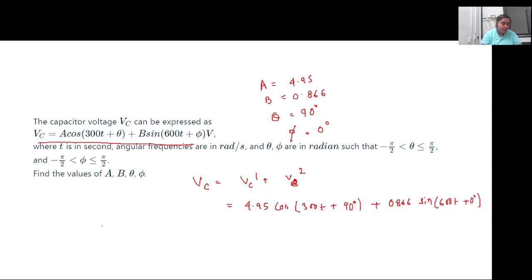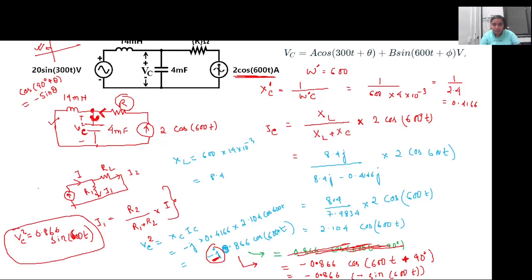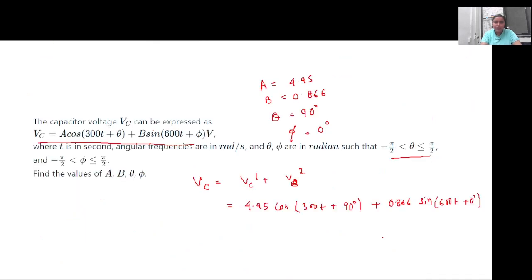In this case also you see the condition about theta and phi is given. Had we not converted, had we written in terms of minus 90 degree and added something to convert it to sine, we might have come up with an angle greater than 180 degree.